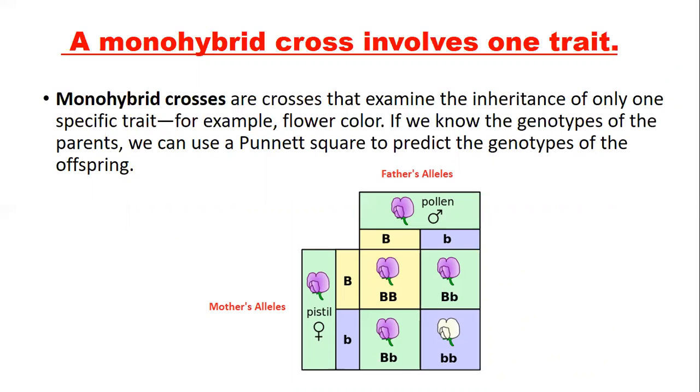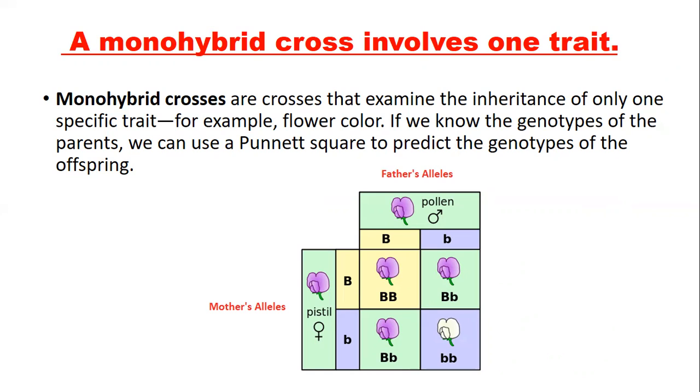A monohybrid cross involves one trait. So if we use the Punnett square to examine the inheritance of one specific trait, we call it a monohybrid cross. Like, for example, the flower color. So if we know the genotypes of the parents, we can predict, using the Punnett square, the genotypes of the offspring.